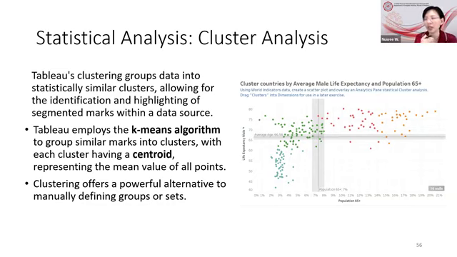In this case, we will cluster the countries by average male life expectancy and the population over 65 plus, to see which group of cluster is considered aging society. And let's see whether aging and young age societies die young or die old, right?